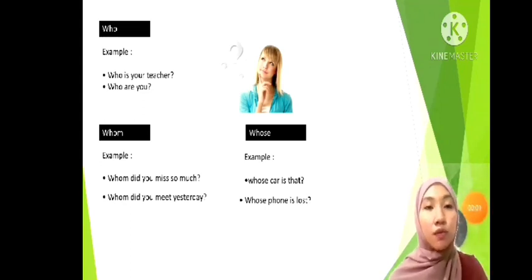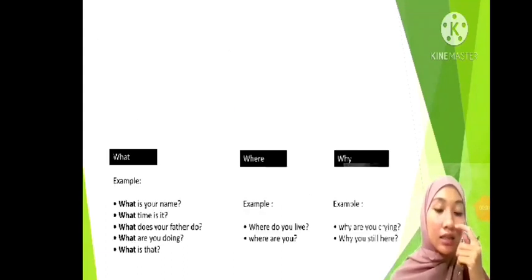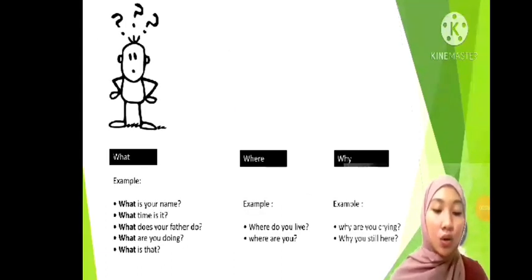And the next WH question is what. What is used when you ask for information about an object, an idea, and an action. For examples, what is your name, or what time is it?